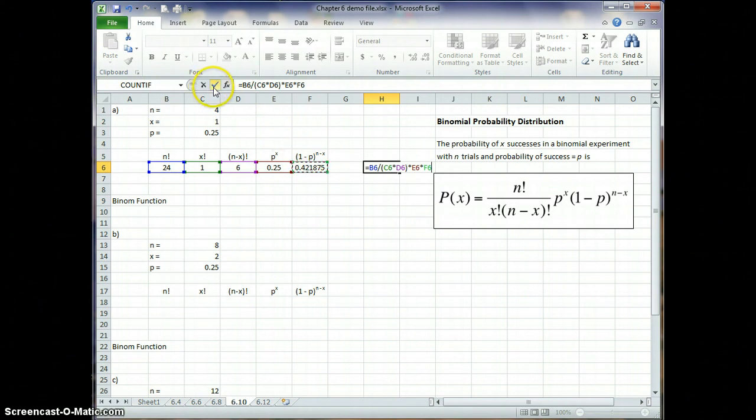And once I've done all that, calculate it right there, it gives me 0.421875.